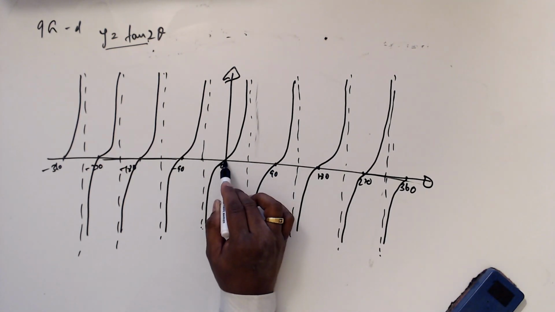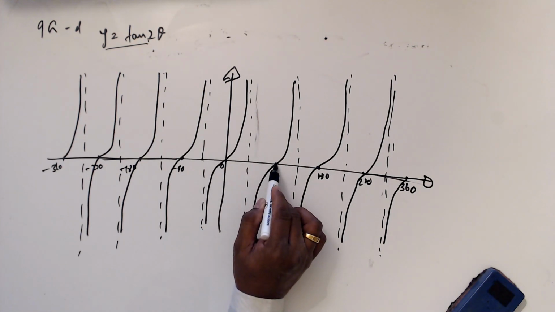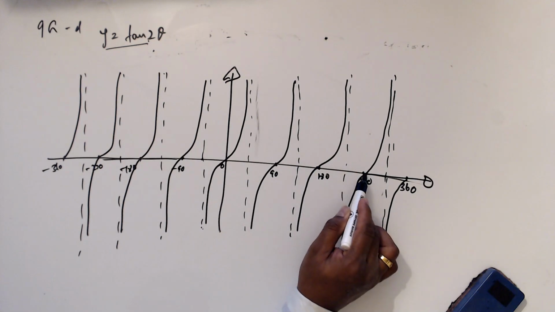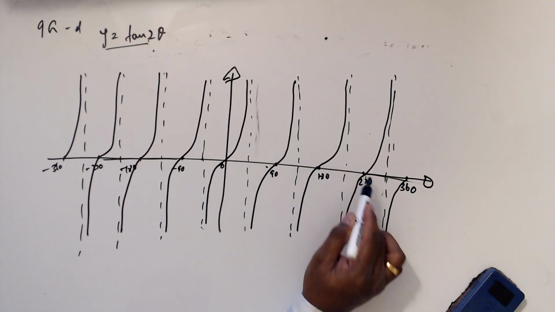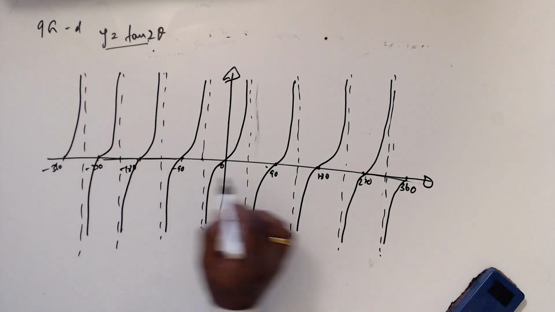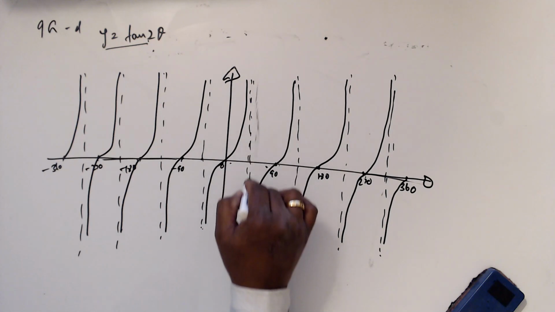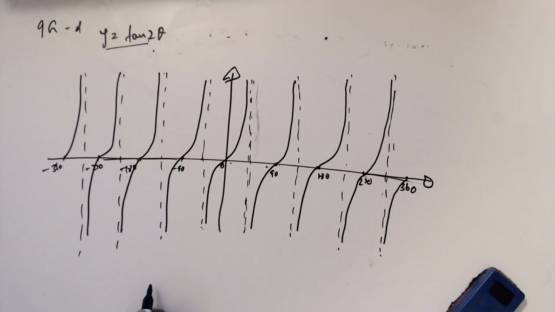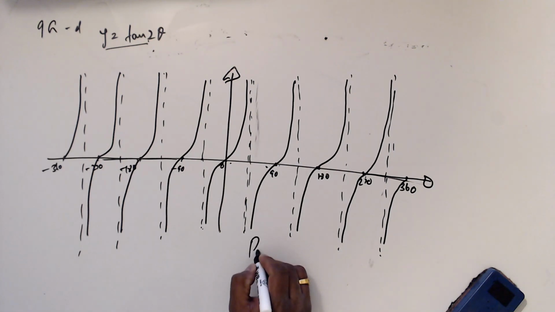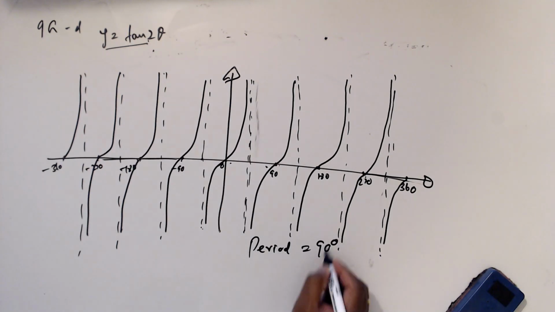When you realize 0, the curve goes through 0 and 90, and then you can mark 90, 180, 270, minus 90. The curve is going through, and in between 0 and 90, the middle line is going to be the asymptote. That's how you want to look at it to draw easily. And here the period is 90.